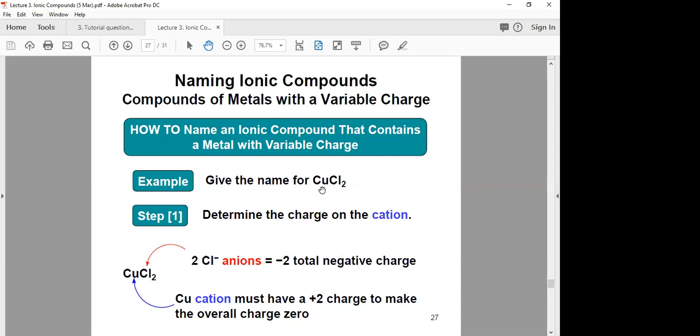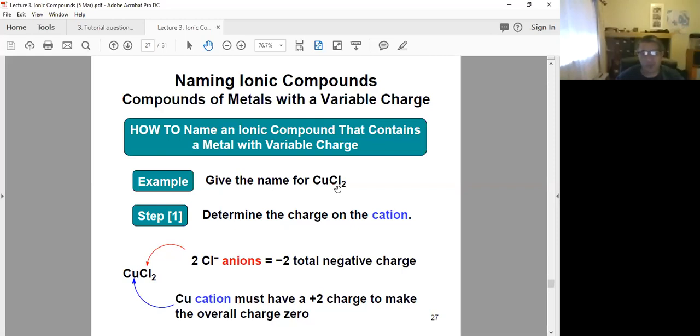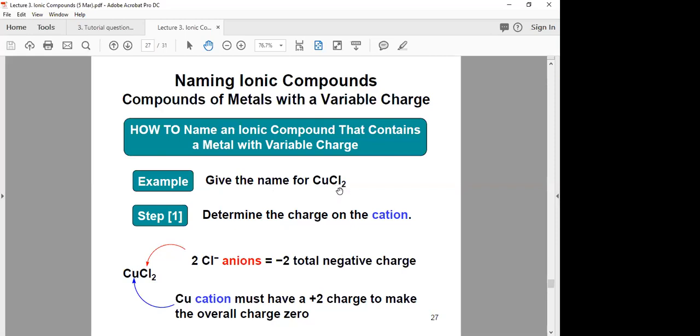So how do you know which one it is? You always look at the anion. Absolutely right. Look at the anion, because we know that chlorine forms chloride, the chloride anion, each of which has a single negative charge. There are two here, so we can assume from that that the copper cation must have a 2+ charge. So that's how you determine that.